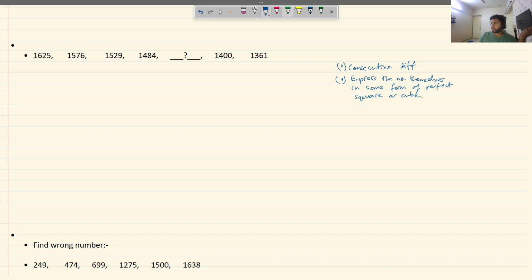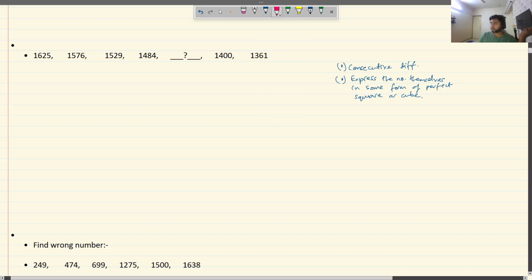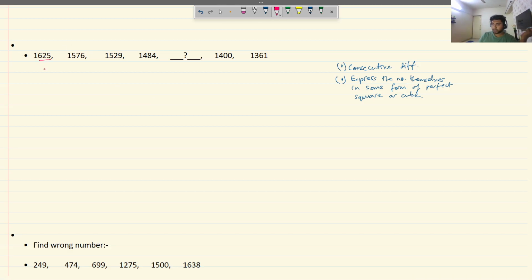Only the last three digits: 625 is 25 squared. 576 is the square of 24. 529 is the square of 23. 22 square is 484. 20 square is 400 and 19 square is 361.